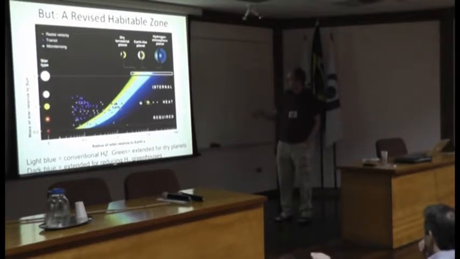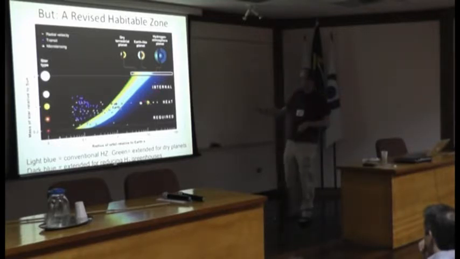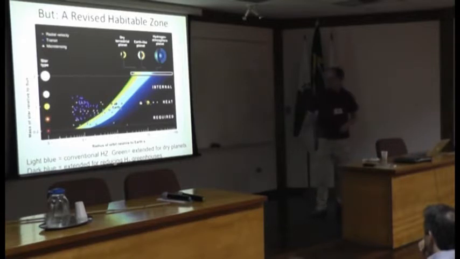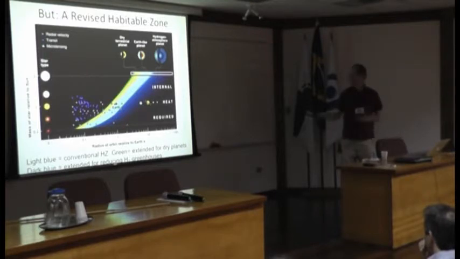And this green-yellow is for these dry planets that just have lakes and more difficult to undergo a runaway greenhouse. And the blue extends all the way out to the outer solar system because she argued you could have greenhouse effects caused by things like hydrogen or methane that could extend the habitable zone out into these regions.